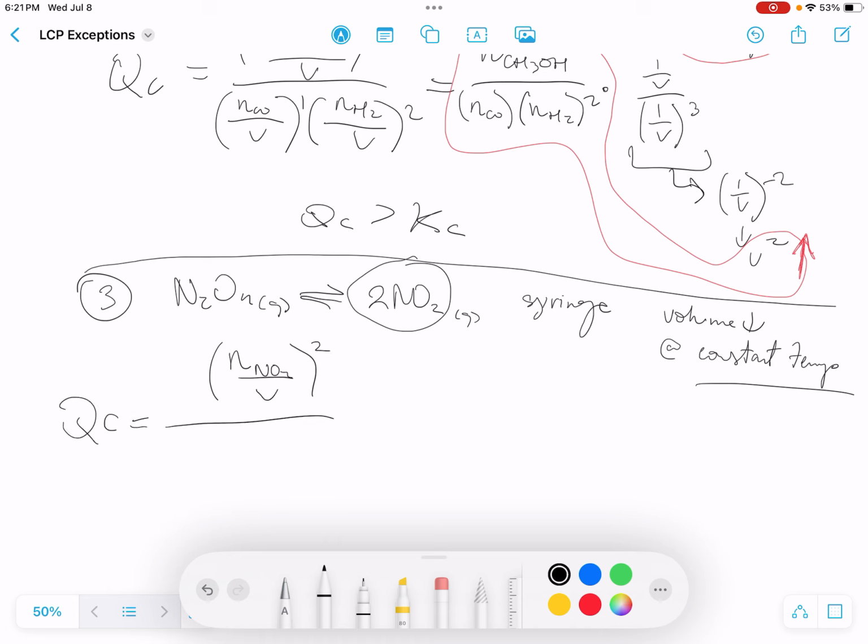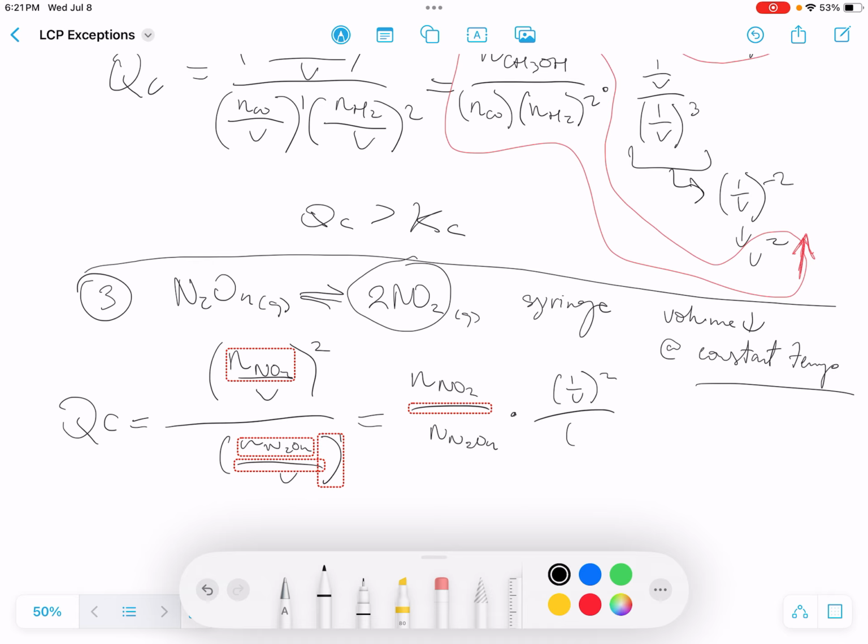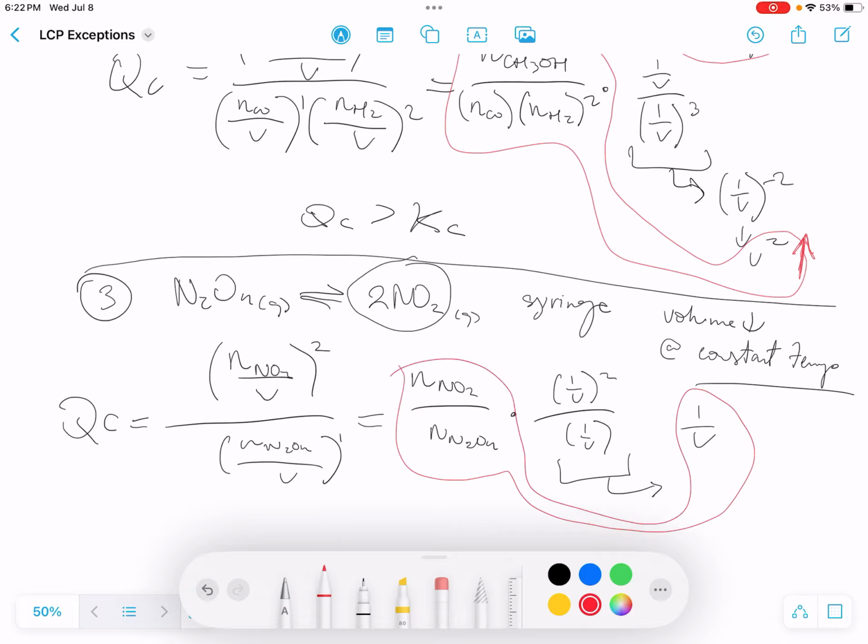And that's equal to moles of NO2 squared divided by the moles of N2O4, times 1 over V squared divided by 1 over V. So this term is equal to 1 over V. So really our equation that we have is this moles term times 1 over V.